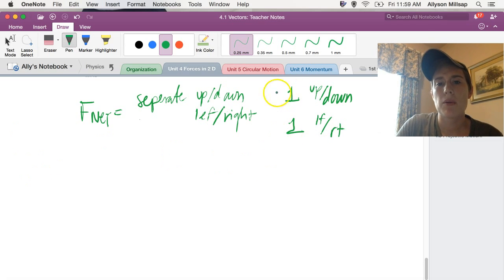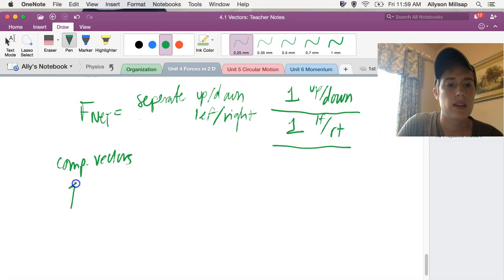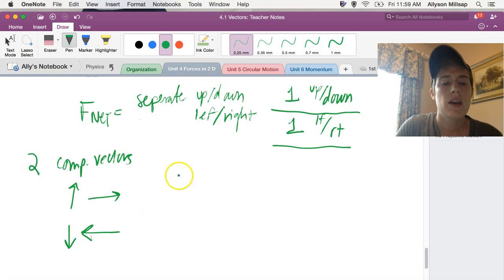Now, in the practice problems, I already just give you one up and down, and I give you one left and right. Once you have these, those are called your component vectors. Okay, your component vectors might look like this and this, or they may look like this and this, but you'll just get two component vectors, okay? And then you need to use this formula to find your resultant vector.